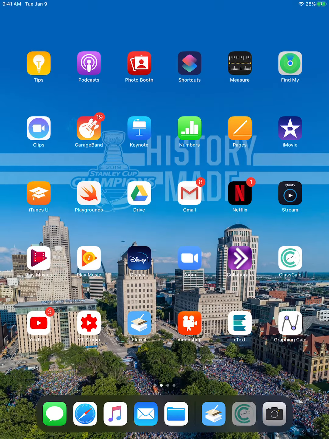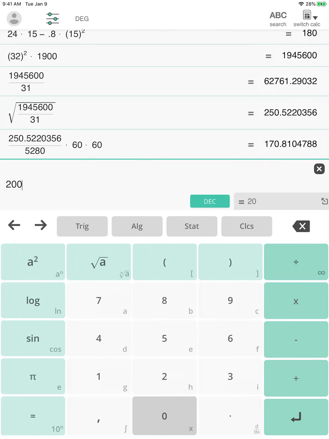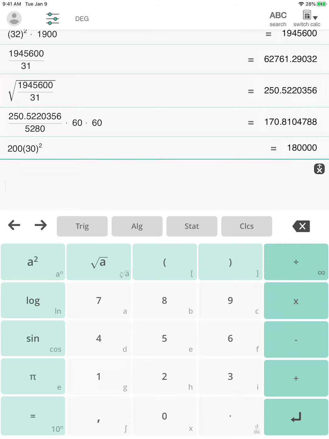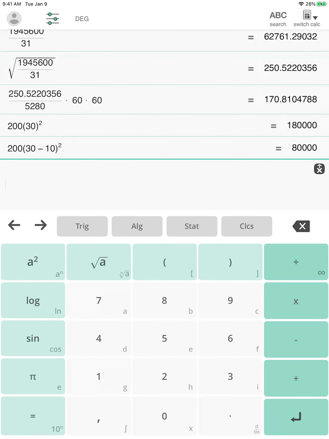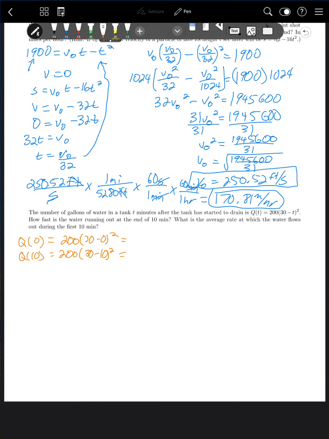Let's just go ahead and put these in the calculator. So 200 times 30 squared is 180,000, and 200 times 20 squared is 80,000. So this one is 180,000 gallons, and this one is 80,000 gallons.